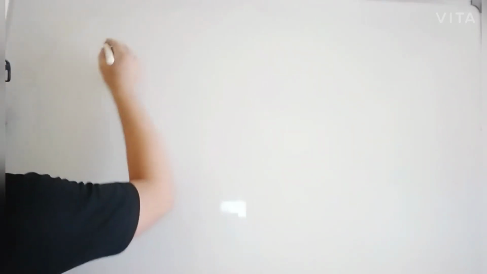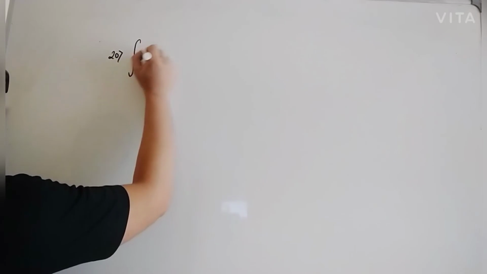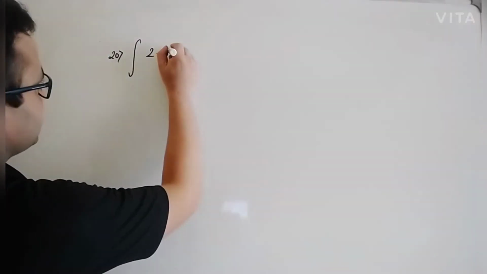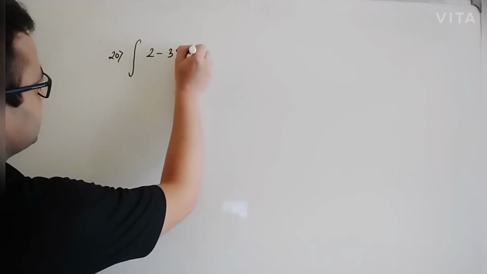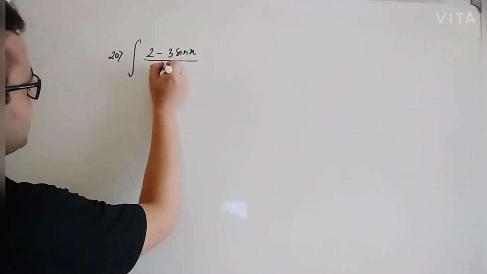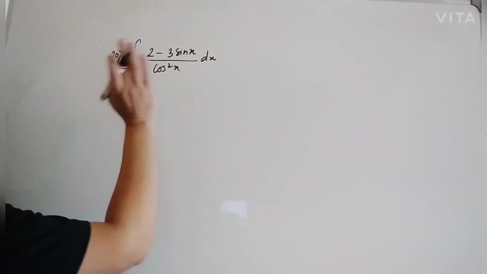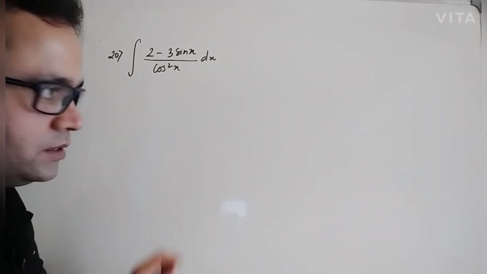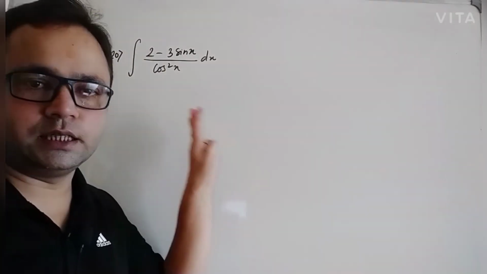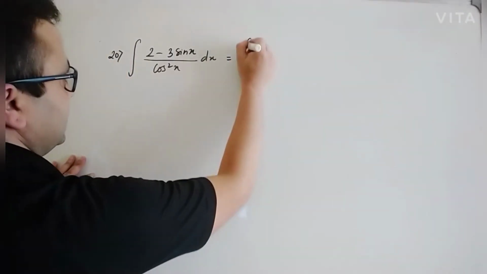Question number 20 is the integration of (2 minus 3 sin x) divided by cos square x. Look here, it is not in integrable form, so first we have to make it into integrable form.